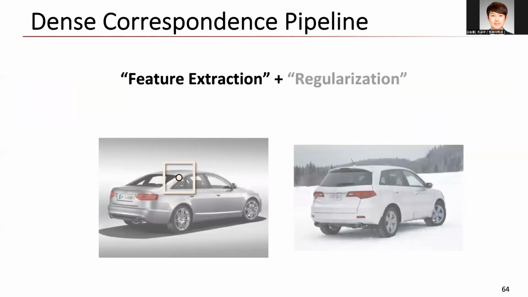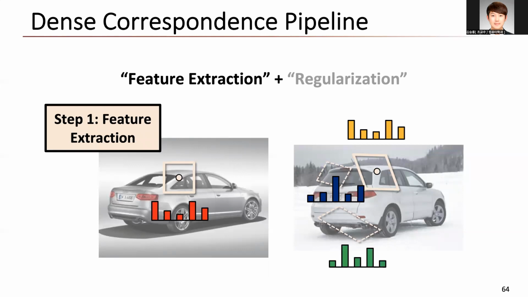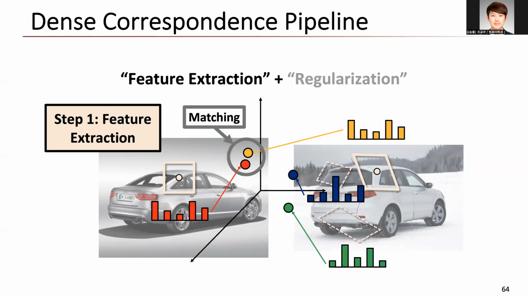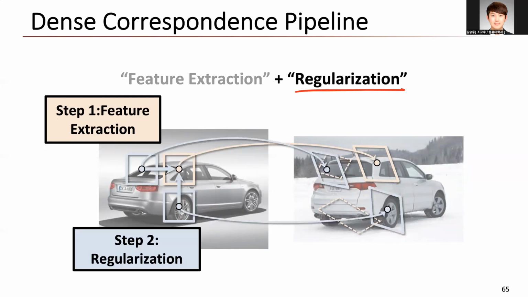And the pipeline consists of feature extraction and regularization, right? Feature extraction, how to extract a feature vector, is very similar to local feature matching, as we discussed with deep descriptors or something like this. First, we extract the feature vector and find the similarity, so it becomes matching. But in the regularization or optimization step, we consider the nearby pixels. What does it mean?